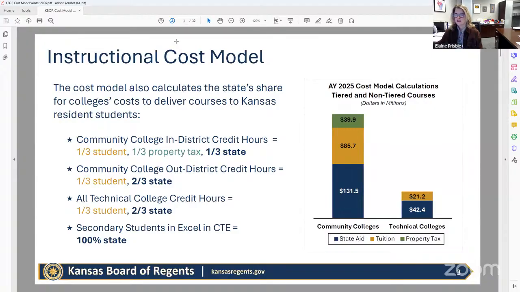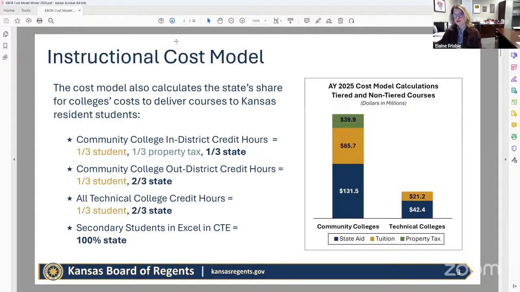As a reminder, for in-district students at the community colleges, it's a third, a third, a third: a third from students, a third from property tax, and a third from the state. For community college out-district students, so students from outside the county or the taxing district but from within Kansas, and for all technical college students, it's one third student, two thirds state.